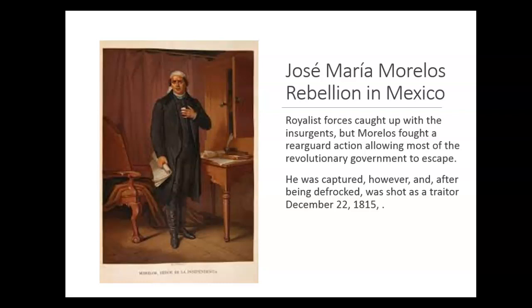Morelos prohibited the use of the caste classification. All born in Mexico were simply Americanos. In 1813, he declared outright independence. Nevertheless, Morelos was eventually captured and shot as a traitor on December 22, 1815.